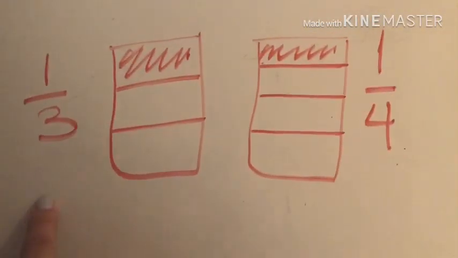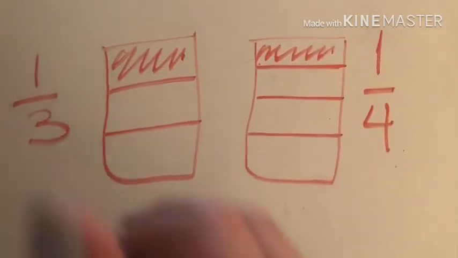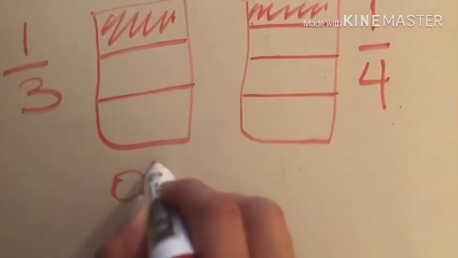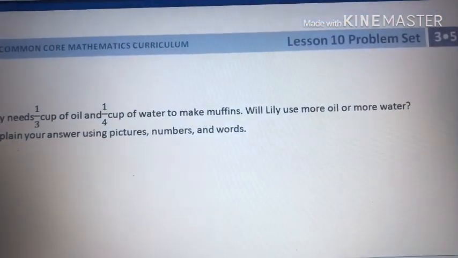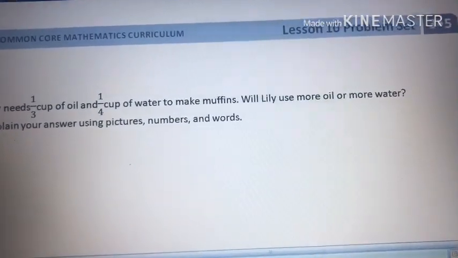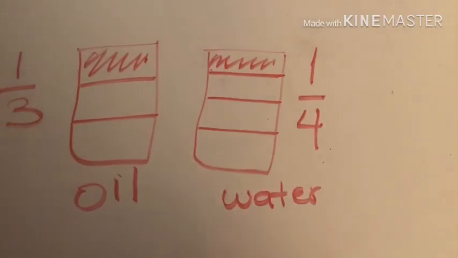And here I'm going to take 1. So just by looking at it, what can you say? Which one is bigger? This represents the oil, because it says 1/3 of oil and 1/4 of water, right? So this is oil and this is water.